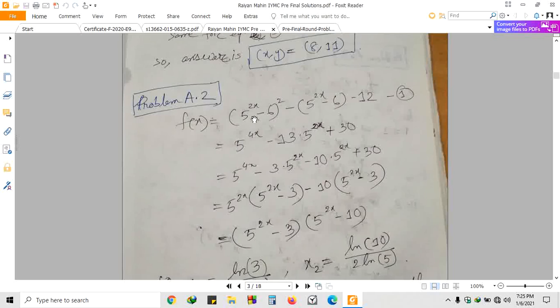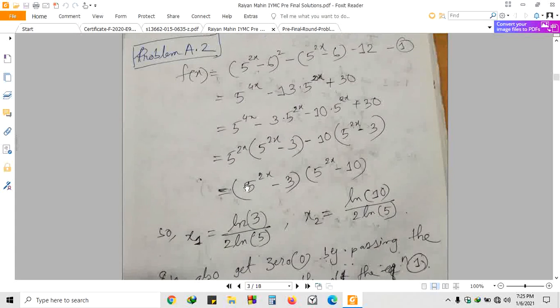And if we simplify this whole function, we get 5 to the power of 4x minus 13 into 5 to the power twice x plus 30. And then we have to do middle term factorization here and take common the parts which are common, and then we get this line: 5 to the power twice x minus 3 into 5 to the power twice x minus 10.